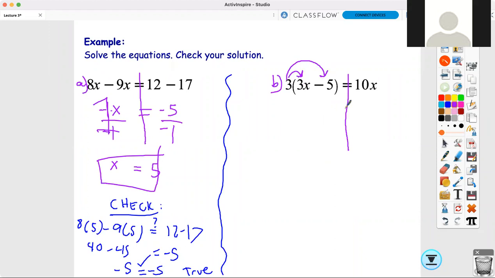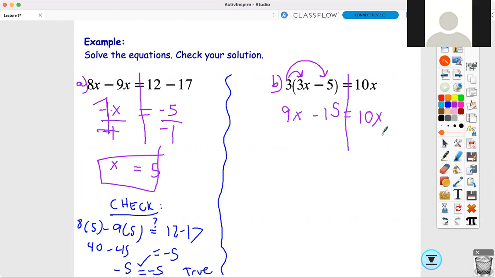Correct, Josh. We are going to multiply by using distributive. So 3 times 3x, y'all. What's 3 times 3x? 9x. Good. What's 3 times -5? -15. Bring down the 10x. Now we just have to manipulate the equation and get x alone.